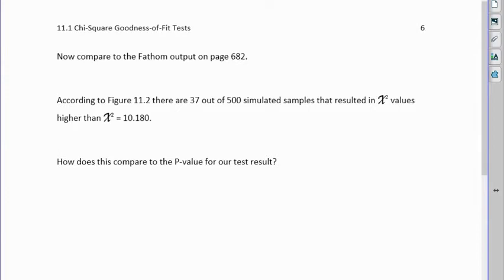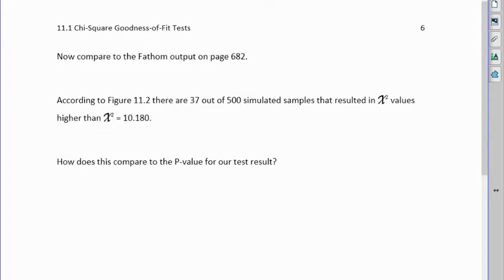Okay, so now looking at Fathom software, in your textbook you have the Fathom output on page 625, and that output is looking at if these proportions for the candies are true. In our little Fathom computer brain we're going to have them be true.